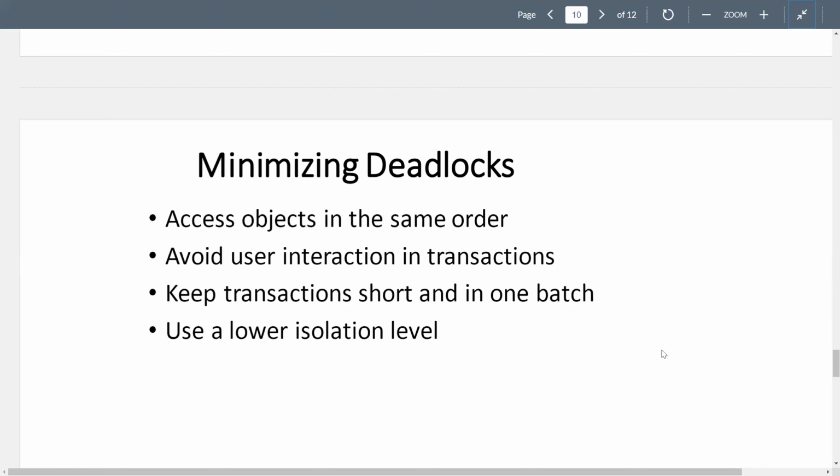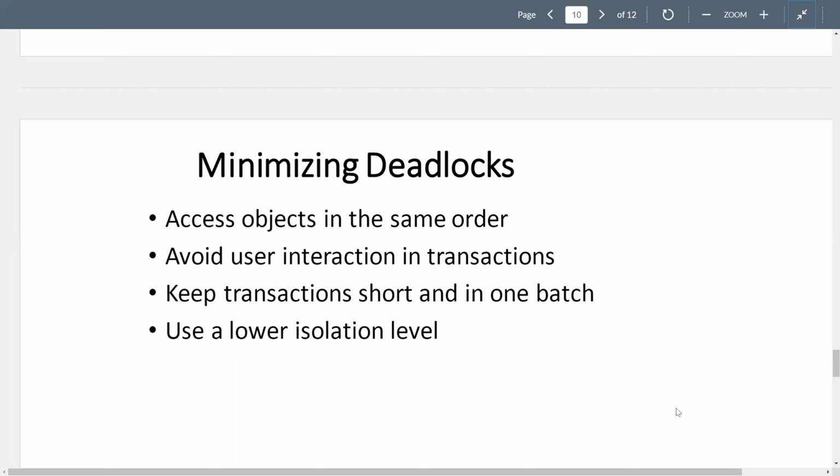And you do not want to require user input in a transaction because the user may pause, right? If a user is pausing, then your transaction is being paused as well. And that will lock up the resources. And that will significantly decrease concurrency and then will decrease the throughput of your application, your system, your database.